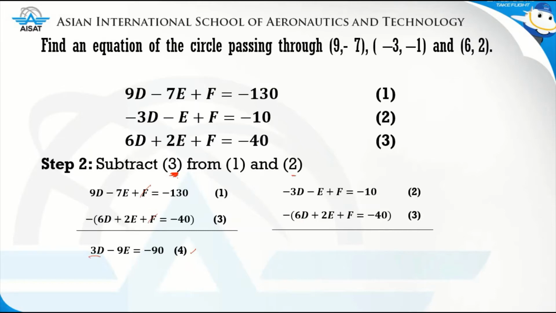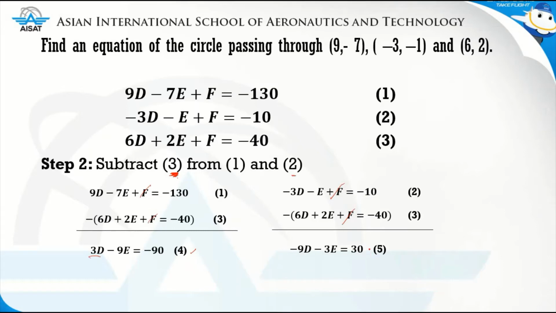We will have negative 9d. Next is negative e minus 2e. So that is negative 3e. And for the third term, we'll have f minus f, that's 0. So they simply cancel out each other. And then negative 10 minus negative 40, so that's plus 40. So negative 10 plus 40, that is 30.